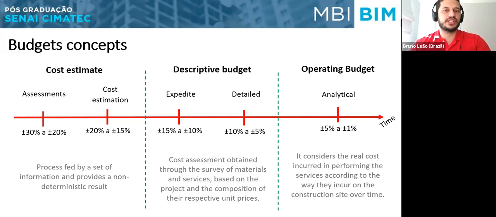So here we start to really do quantity takeoffs of our model, which is based on the project and the composition of their respective unit prices. And the last one, the operating budget, considers the real cost incurred in performing the services according to the way they incur in the construction. So here in the last one, we even consider the technique that we are using and how we are going to build some element of our construction or building.